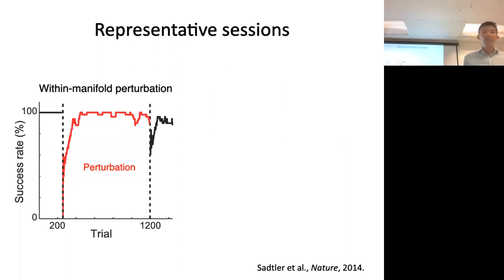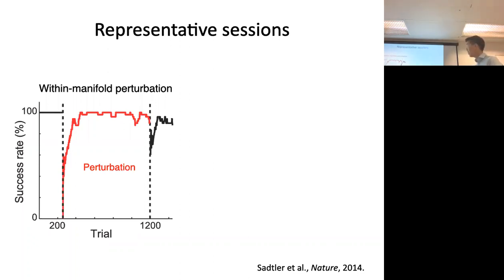Okay, so let me show you the results from a couple of representative sessions of these experiments. On the left here is an example of a within manifold perturbation session. The vertical axis is the animal's success rate of hitting the targets.